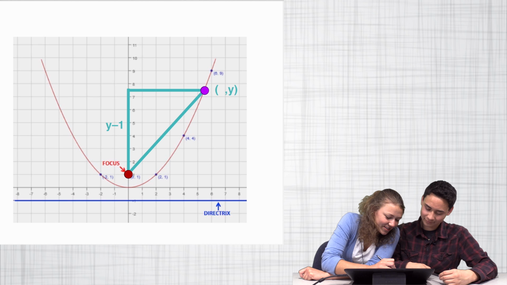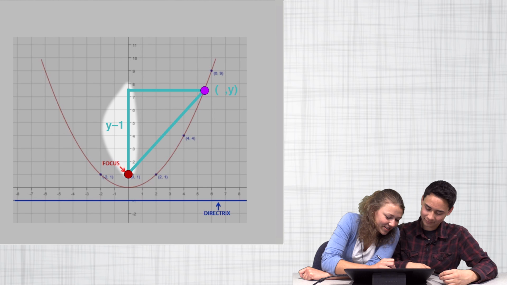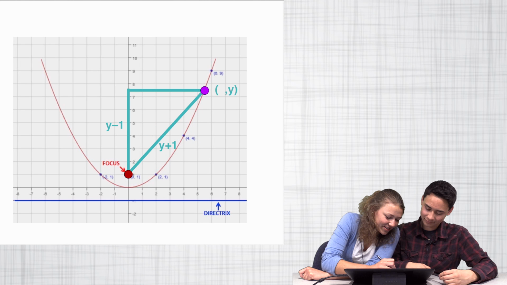So Sasha and Keone have figured out that one side of the right triangle is y minus 1 units long, and the hypotenuse is y plus 1 units long. In the next episode, they use this information, along with the Pythagorean theorem, to find the missing length of the right triangle. This length will tell them the x value of the general point on the parabola.